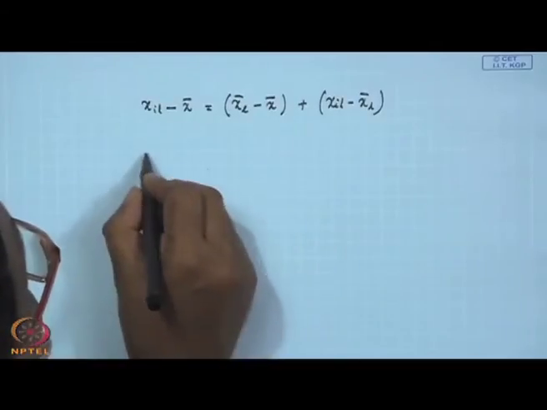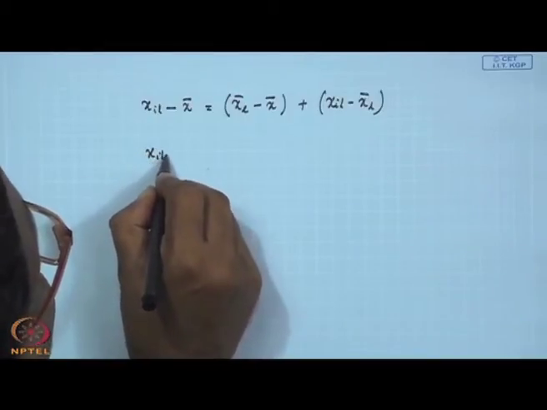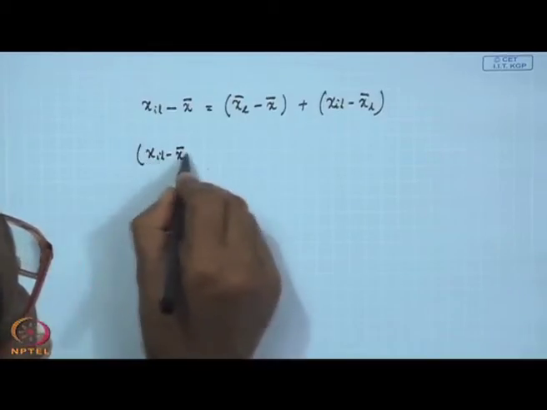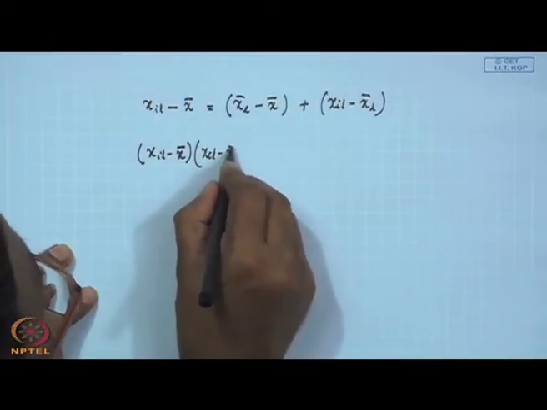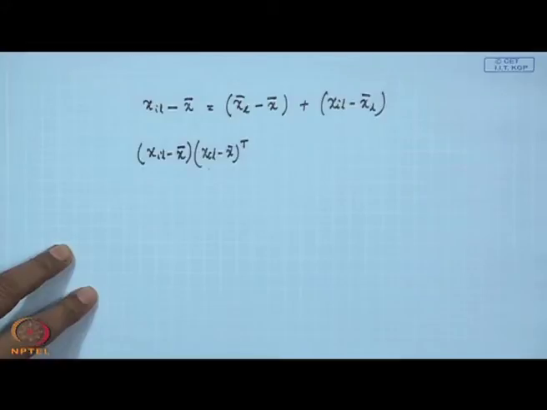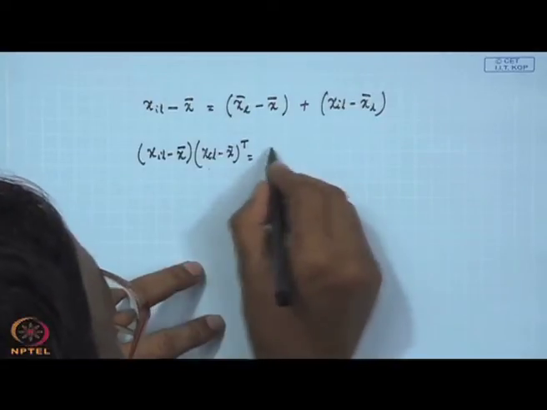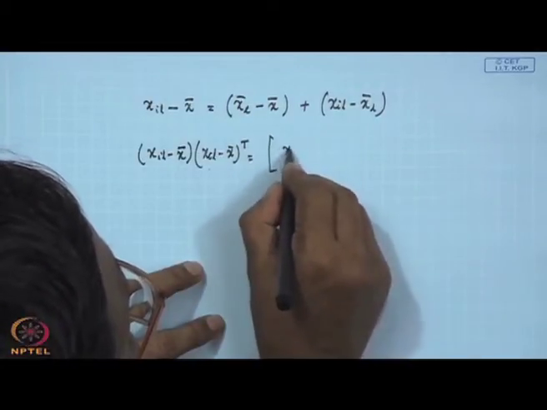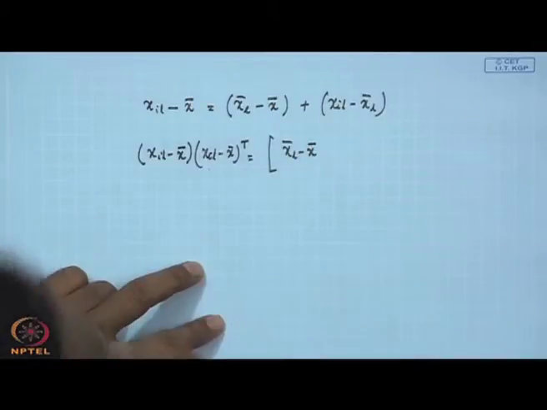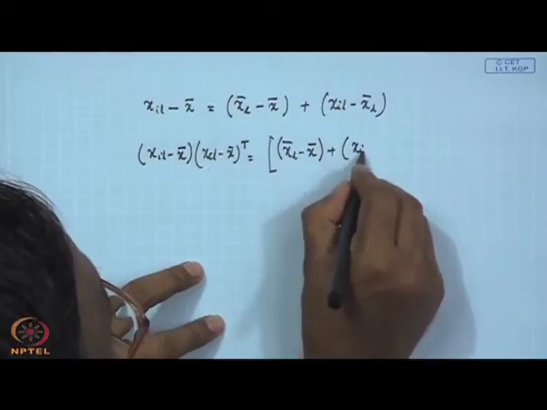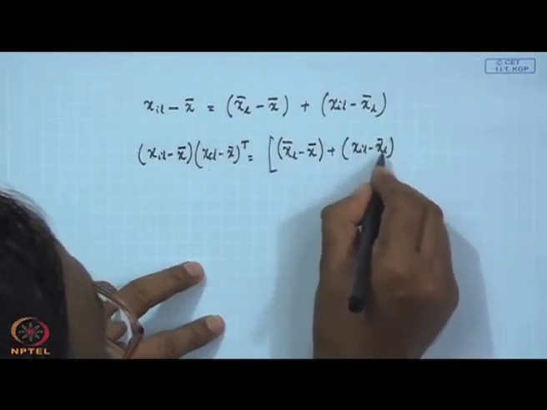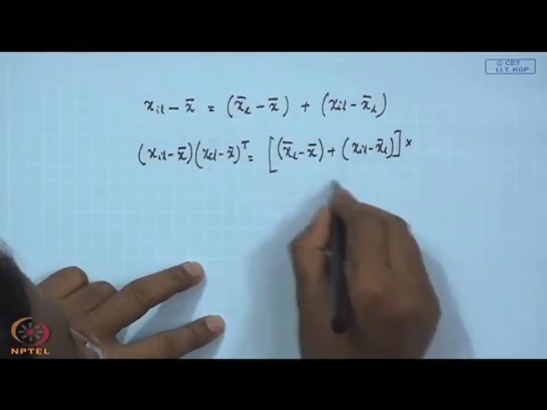So, you require to make it like this: (x_il minus x bar) into (x_il minus x bar) transpose equal to [(x_l bar minus x bar) plus (x_il minus x_l bar)] into its transpose.